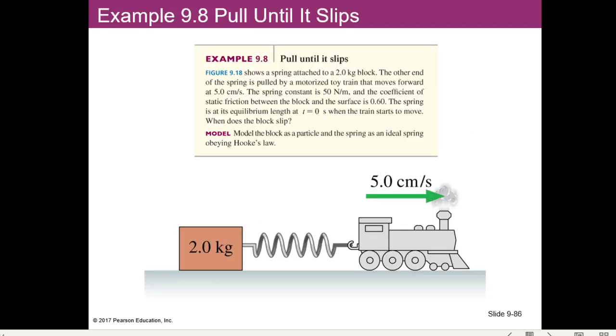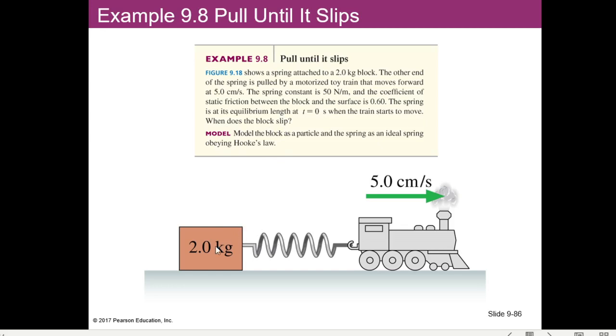Okay, so here we have another numerical example. Pull till it slips. We've got a spring attached to a block. The other end is pulled by a toy train that moves forward at some speed, and we've got a spring constant. We want to know when the block starts moving.